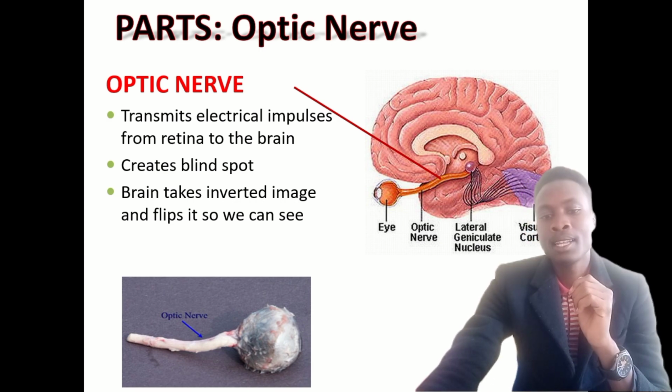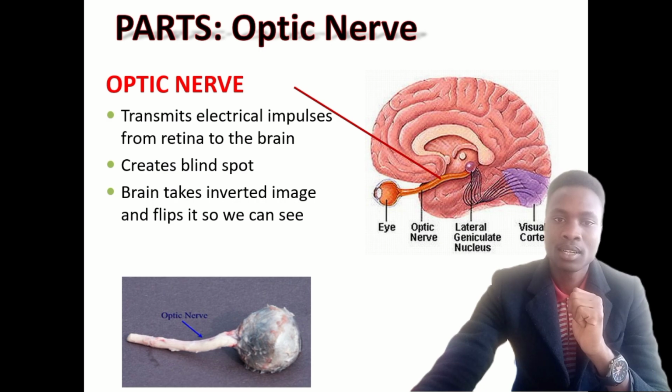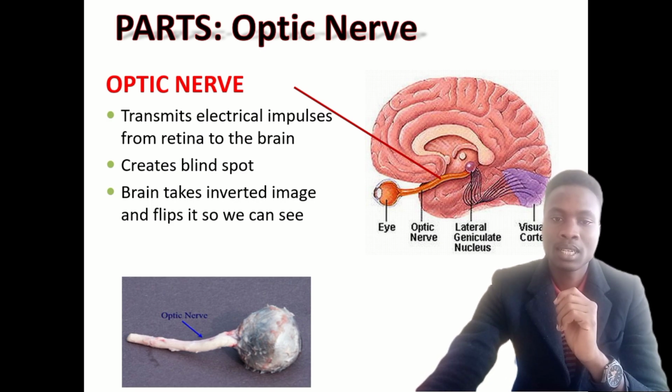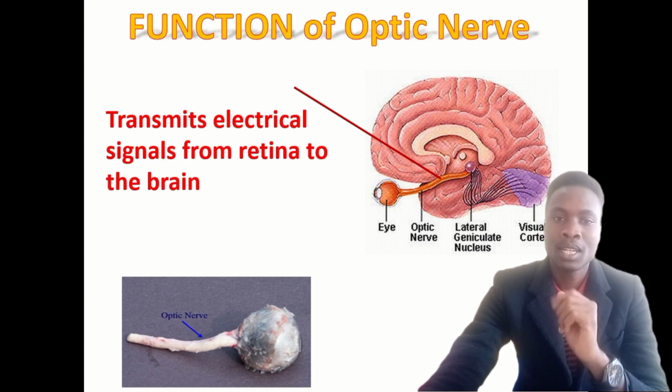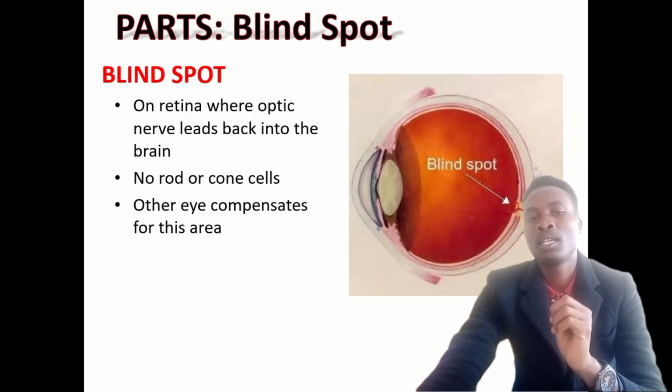In a human eye, we have nerves known as optic nerves. They carry impulses from retina to the brain, and create a blind spot. Brain takes inverted images and flips them so we can see. Function of an optic nerve: it transmits electrical signals from retina to the brain.